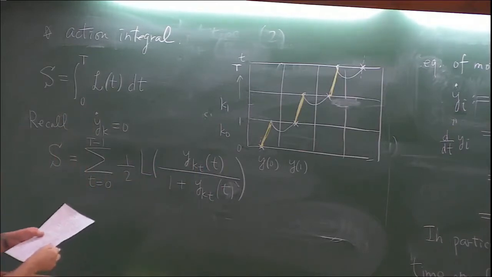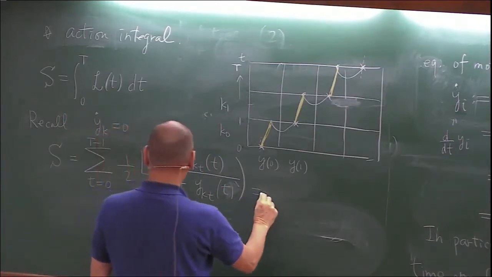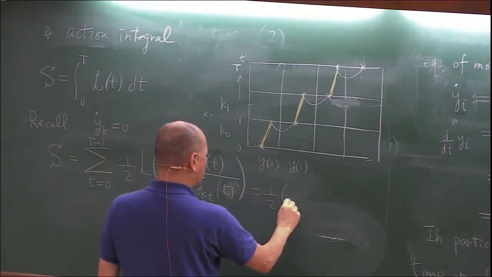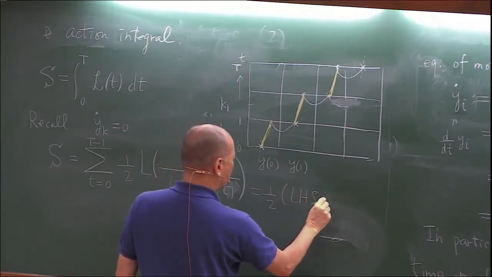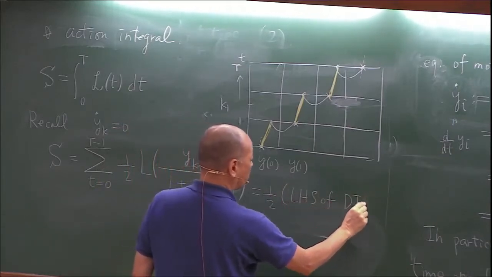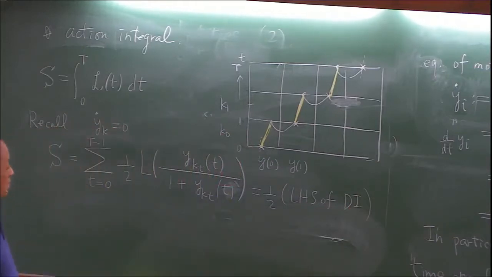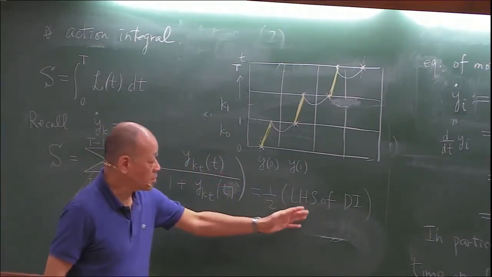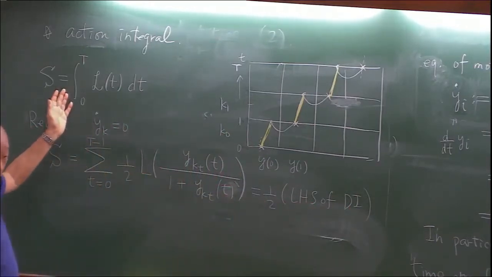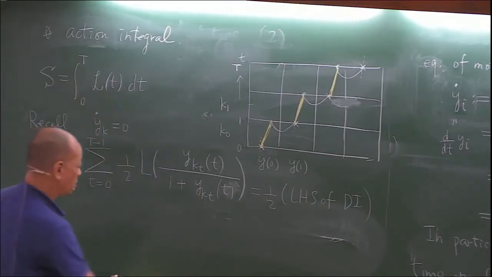You have seen this before. So except for this 1/2, this is the left-hand side of the dilogarithm identity itself. So what I said is that the dilogarithm identity's left-hand side is nothing but the action integral of the associated dynamical system.